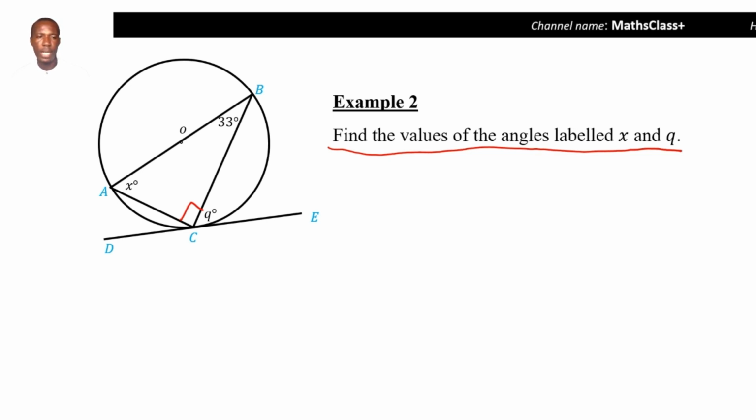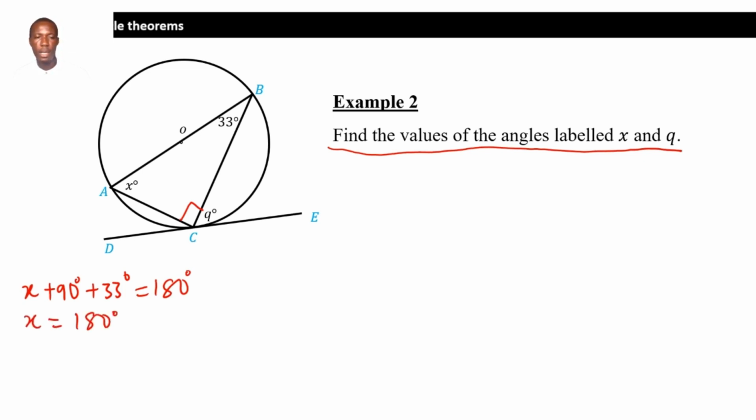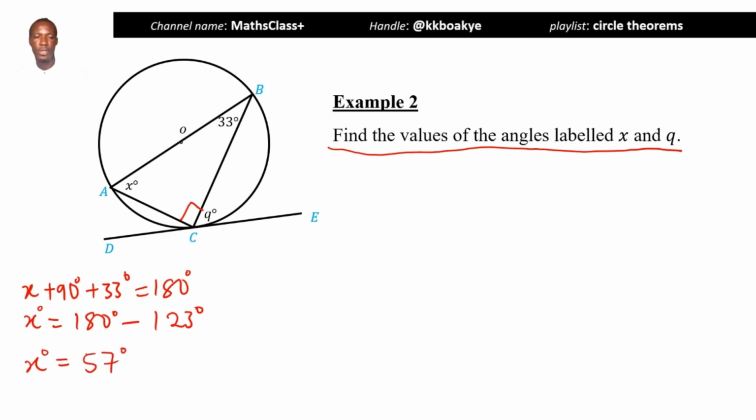With that, we can say x plus 90 degrees plus 33 degrees is equal to 180 degrees. Angles in a triangle. So our x will be equal to 180 degrees minus 123 degrees. Therefore, our x is equal to 57 degrees.